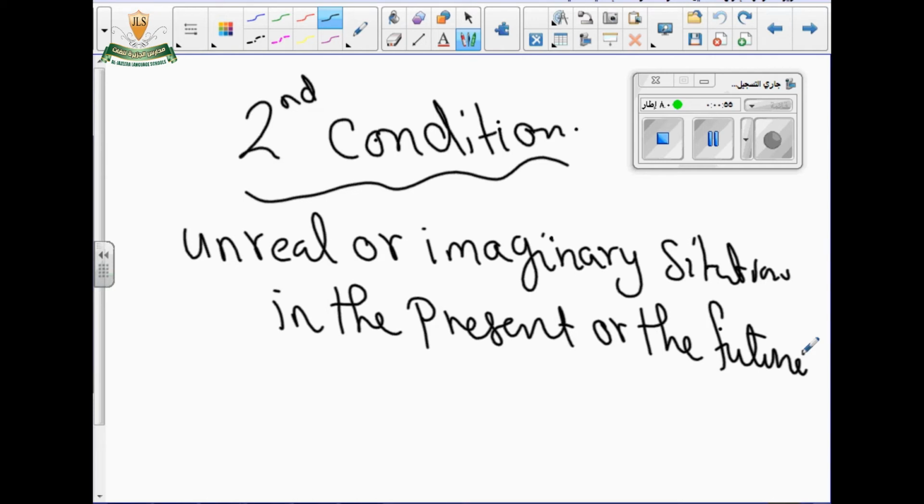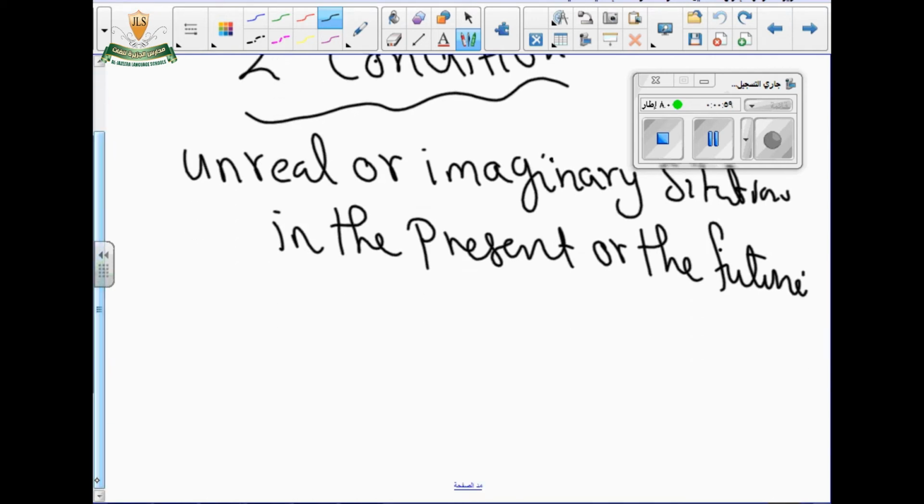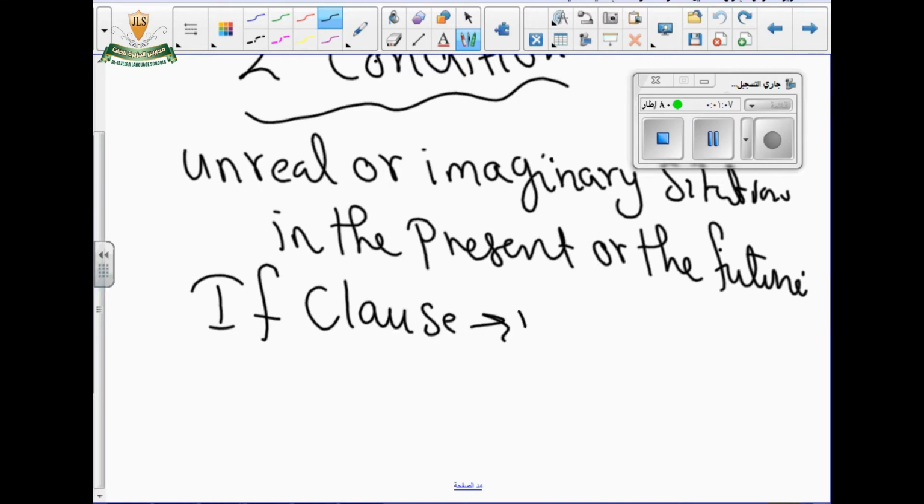As we know, the if clause consists of two parts. When we write the if clause sentence, we have two parts: the if clause and the main clause, or we can say the result.